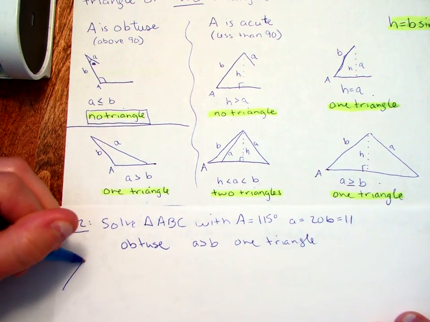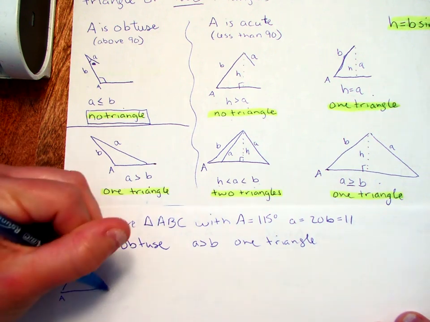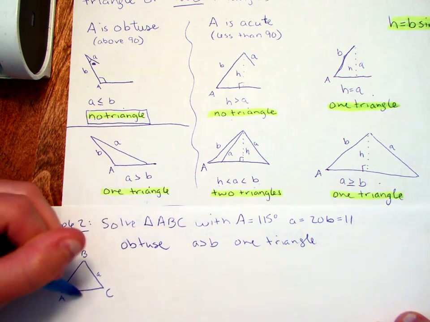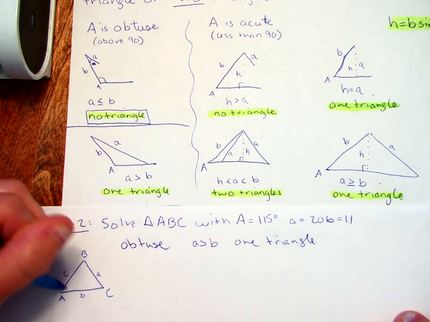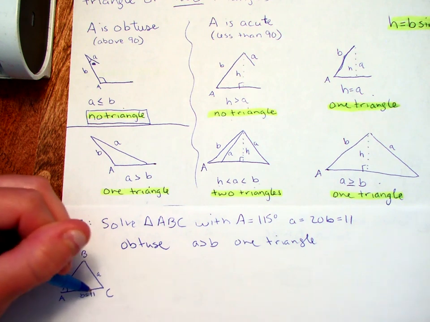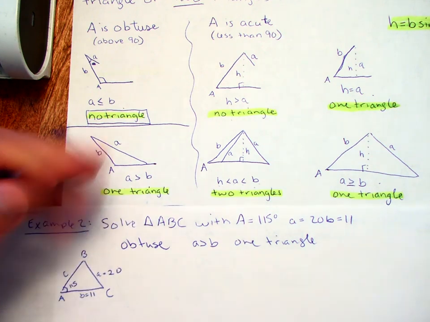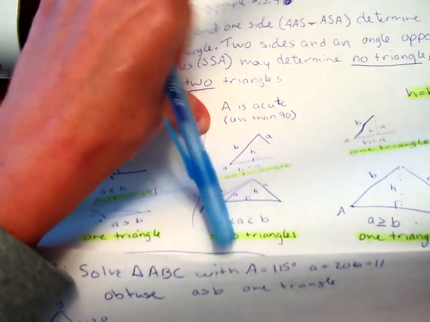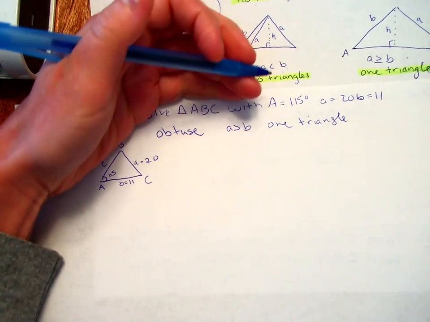So let's draw out our triangle. We have A, B, C, little a, little b, little c. So we know that A is 115. We know that b is 11, and we know that a is 20. So because we know both pieces of a, let's start with that.